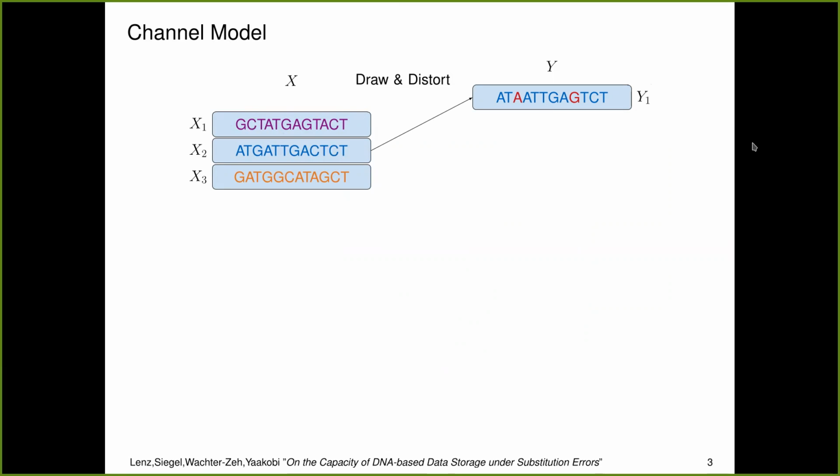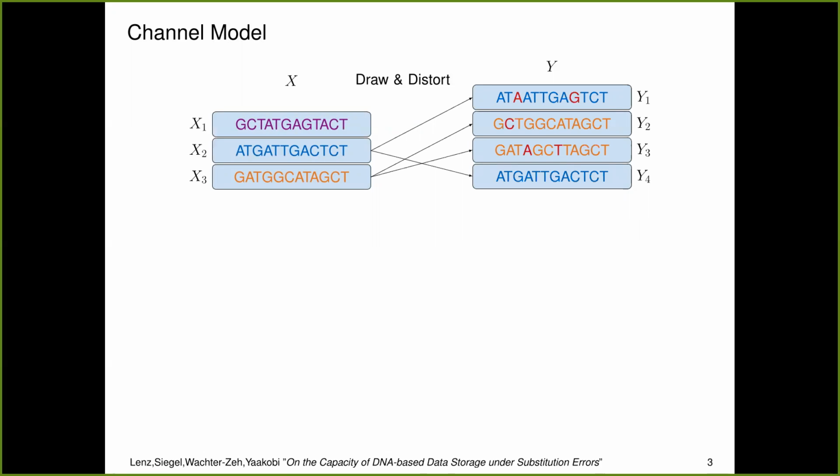In the first read, I drew the second sequence, then I drew the third sequence plus some errors, then I drew again the third sequence. Luckily, I drew the first sequence, and in the last read, I drew the third sequence. As we see, it may happen that we draw some of the sequences none of the times. Notice that these colors indicate the origin of the sequences. However, they are not known to the receiver.